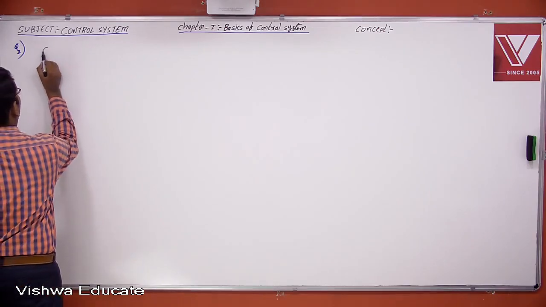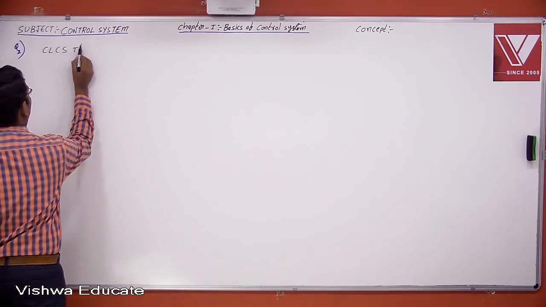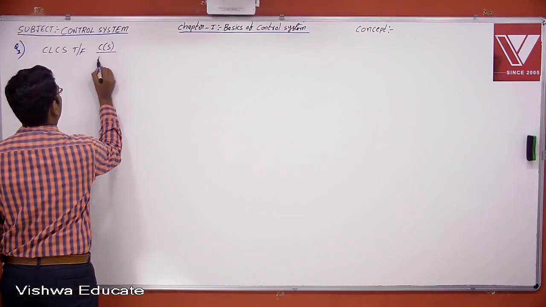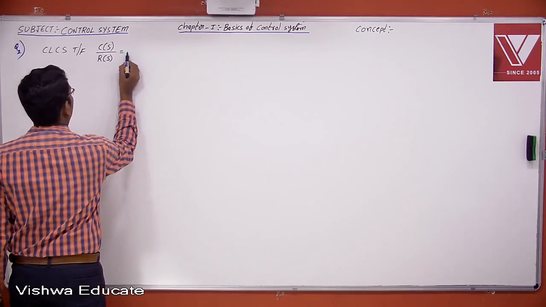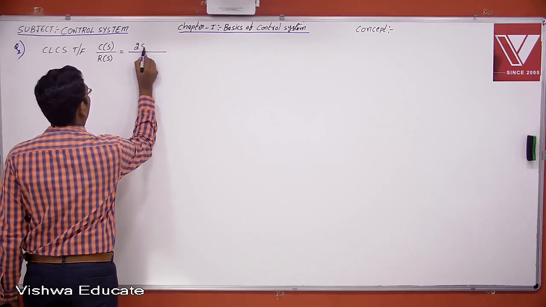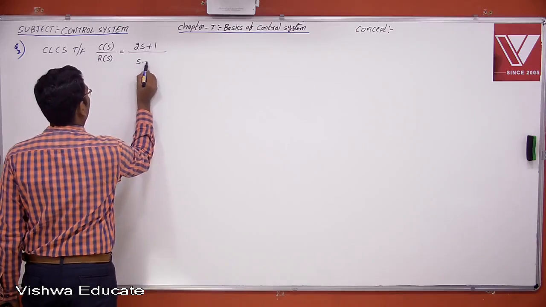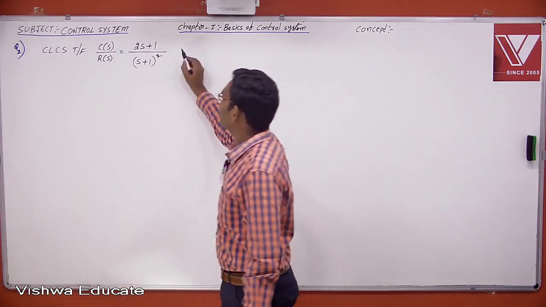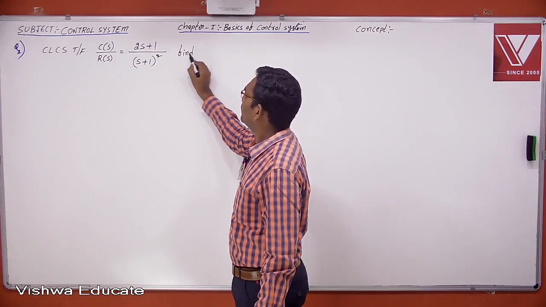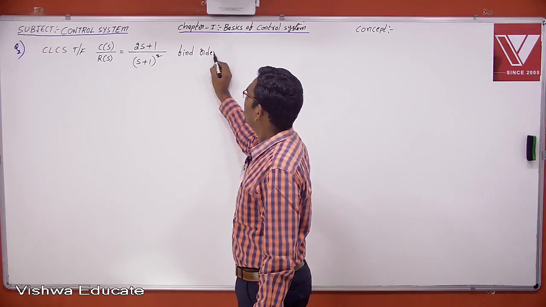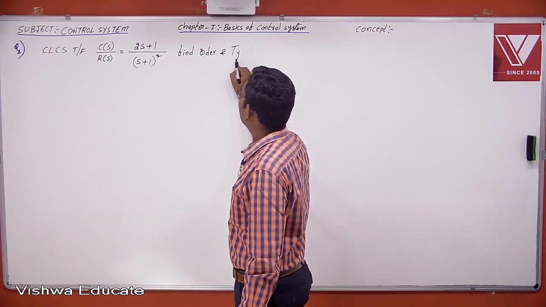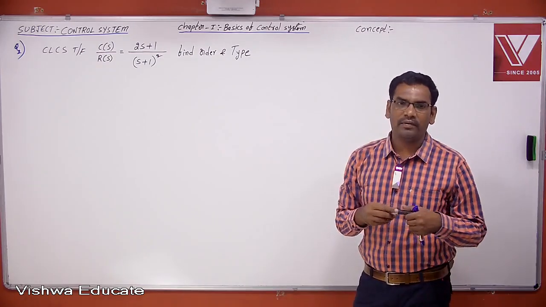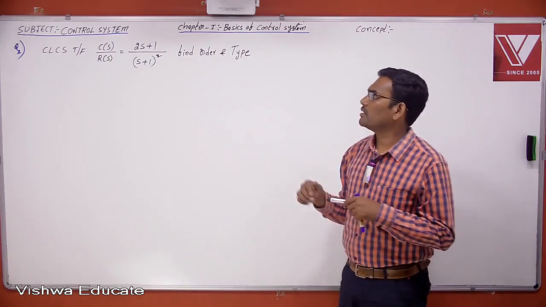By considering the closed loop control system transfer function C(s)/R(s) = (2s+1)/(s+1)^2, find the order and type. This is the question. It is the same kind of question we solved in the previous session, which was question number 1. Now this is question number 2.